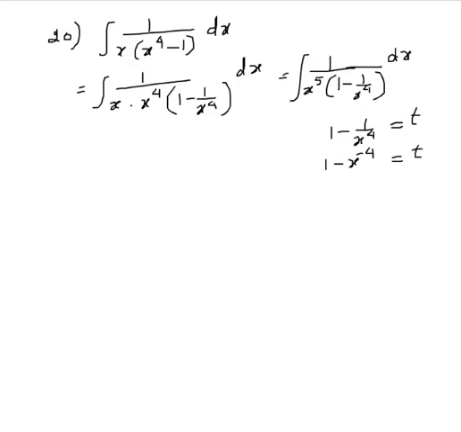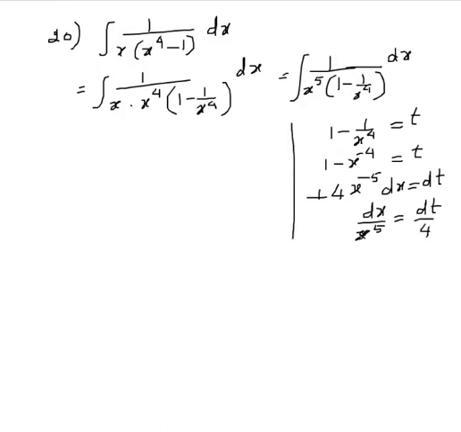Let us differentiate. Differential of 1 is 0 minus minus 4. Minus of minus 4 is plus 4. X power minus 4 minus 1 is minus 5 dx is equal to dt. Dx by x power 5 is dt divided by 4.